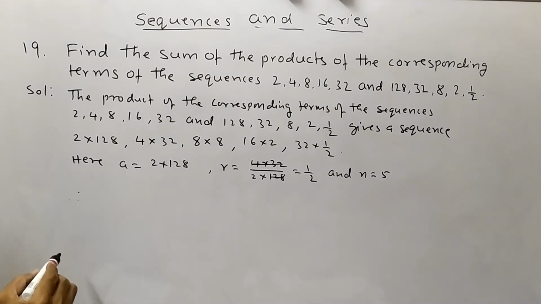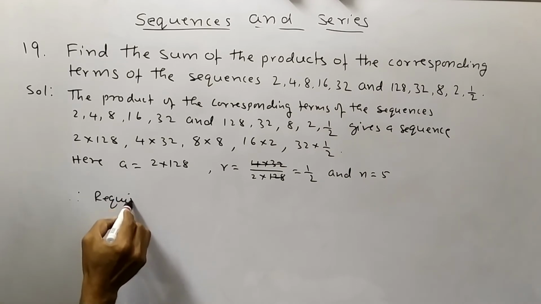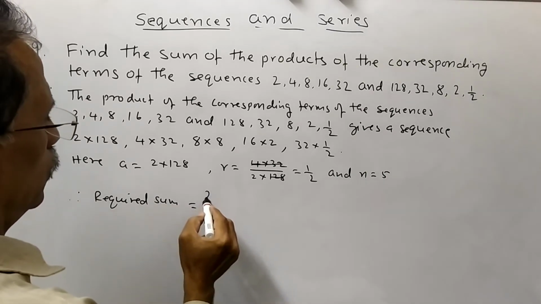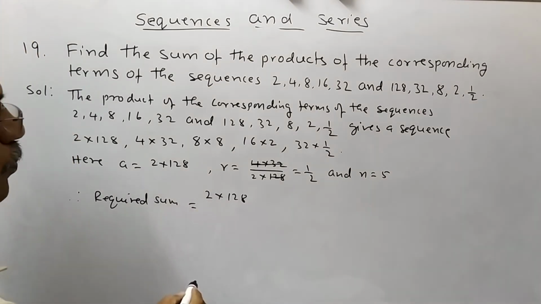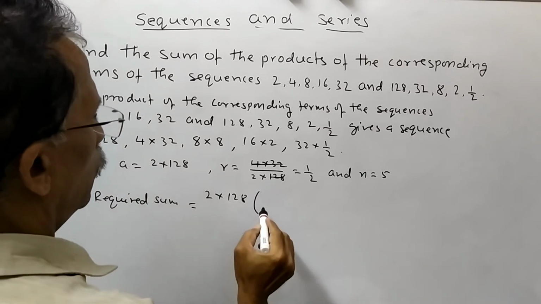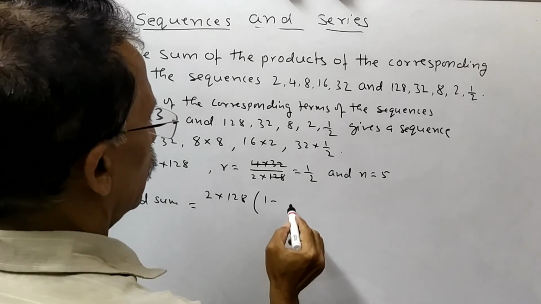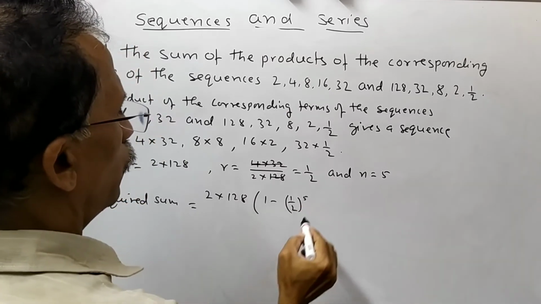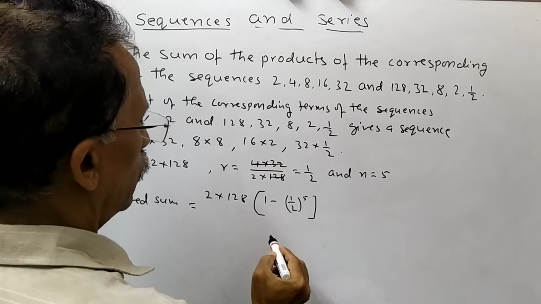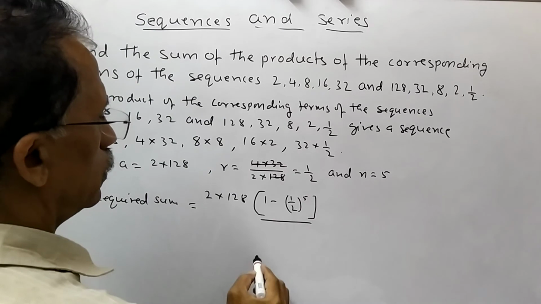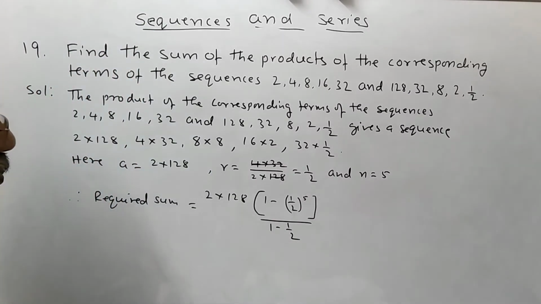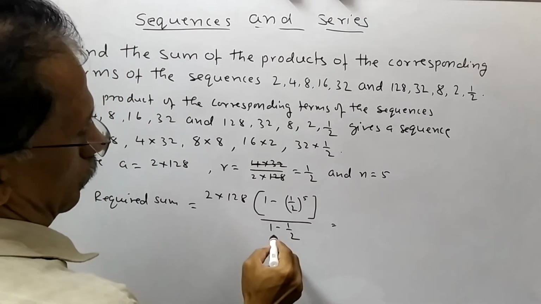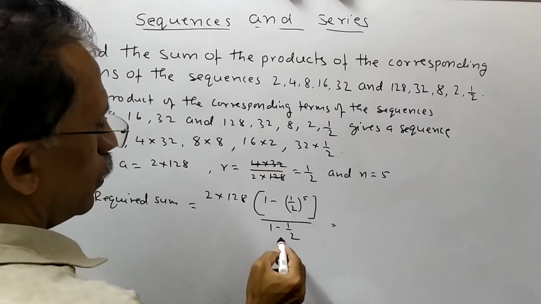Therefore, required sum is equal to 2 into 128 into 1 minus 1 by 2 raised to the power 5 divided by 1 minus 1 by 2 is equal to, in the denominator 1 minus 1 by 2 we will get 1 by 2.